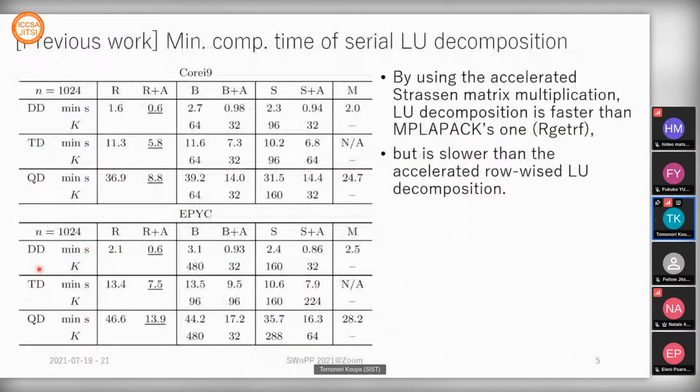But in our previous work, we could not accelerate LU decomposition by using optimized Strassen matrix multiplication. So currently, our accelerated row-wise LU decomposition, that means normal LU decomposition, is the fastest LU decomposition in our library. So we want to try to accelerate LU decomposition with Ozaki scheme.